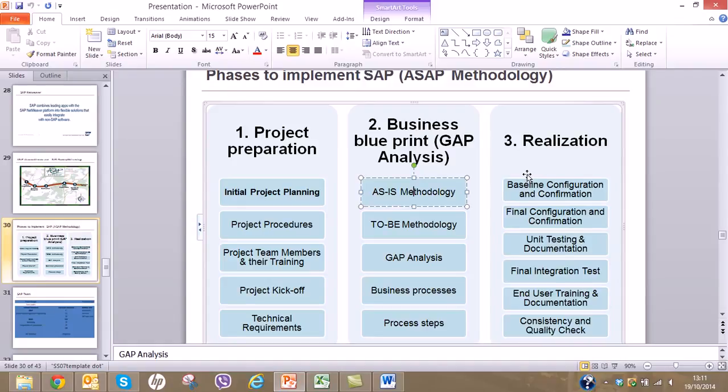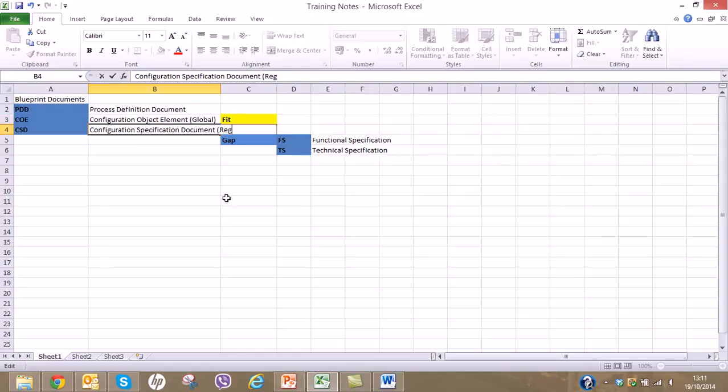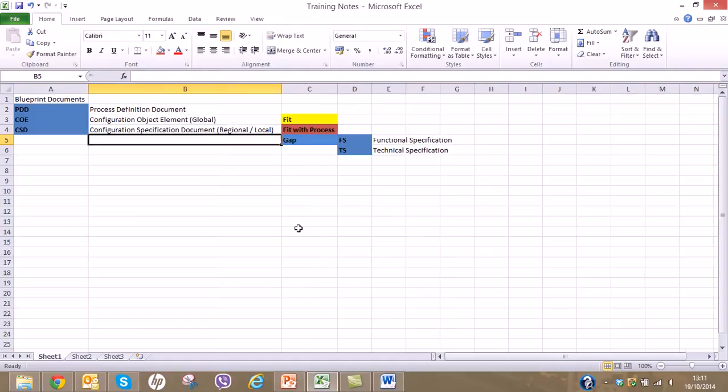The second category is if FS and TS are required when there is a gap. If there is no gap, then you need COE and CST. COE is written at global level, global level means for all the companies. CST is written at regional or local level. Regional means that Europe is a region and all the companies located in Europe, let's say, have the same requirement.